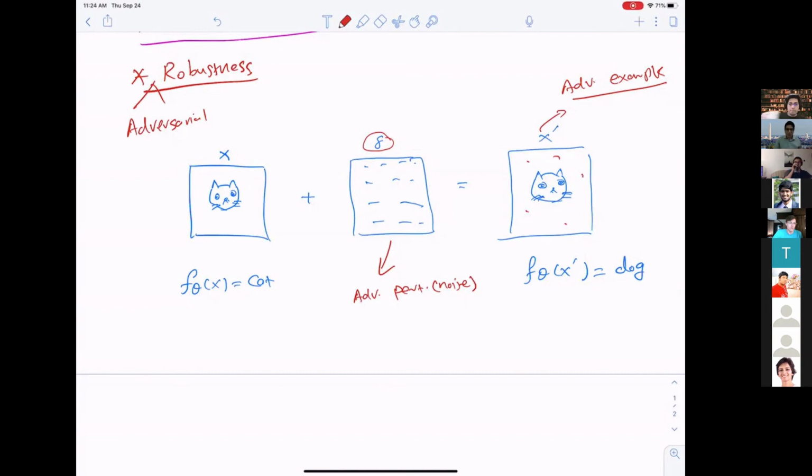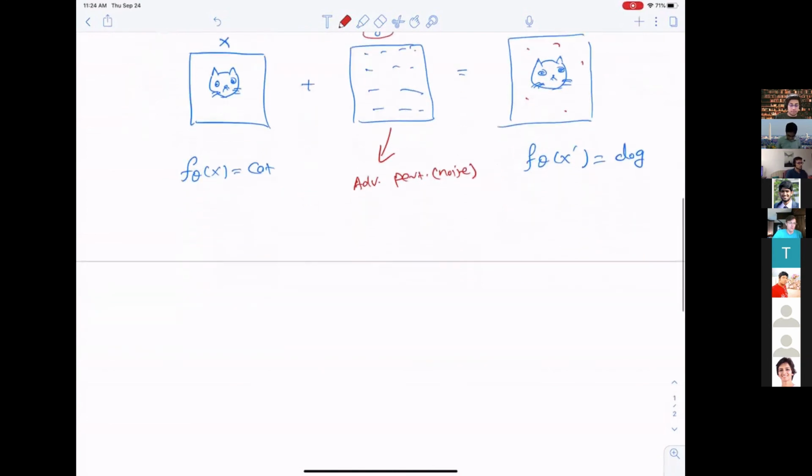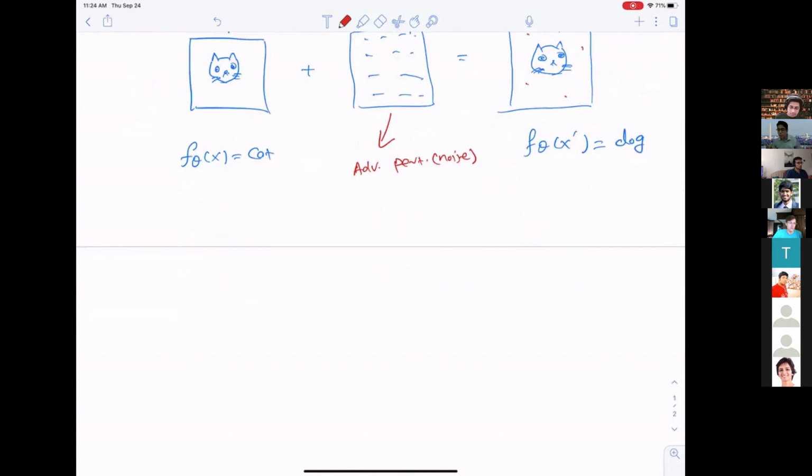Meg, yes, go ahead. Professor, how do we define what is the same for a human? Like, when does it stop being the same? That's a good point. Hold on to that question, I'll address that directly. Next.